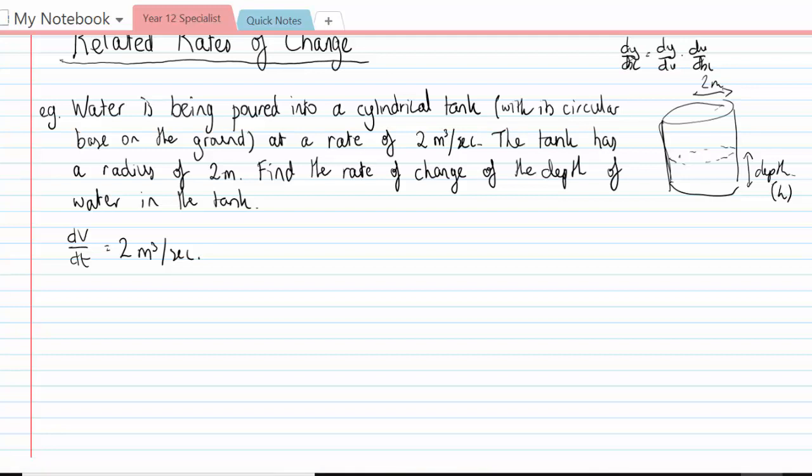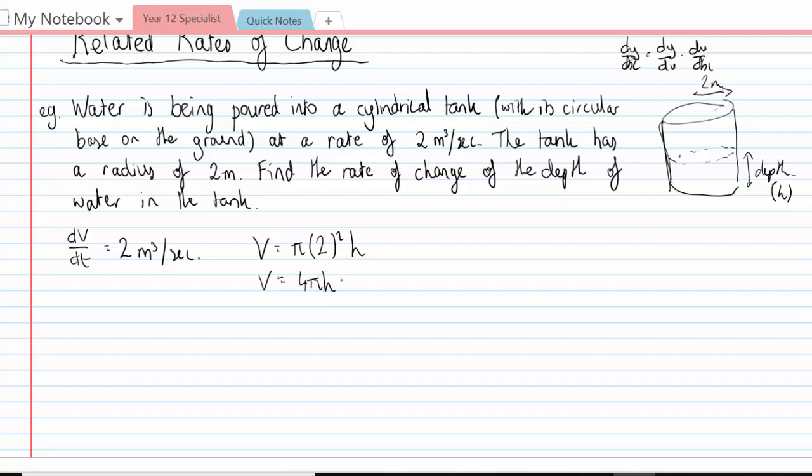Now, given that the radius is 2 meters, I can write an equation for the volume. That would be volume equals pi r squared h, but in this case r is 2. And so the volume is equal to 4 pi h.